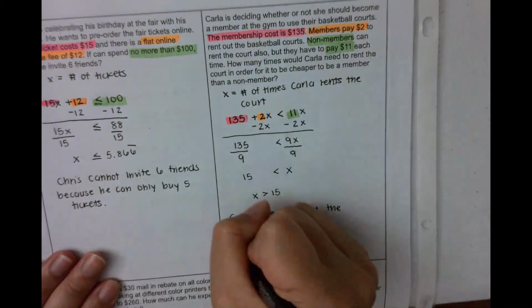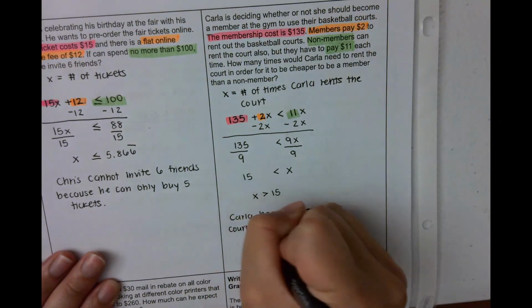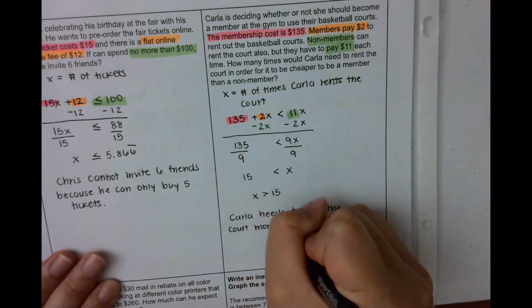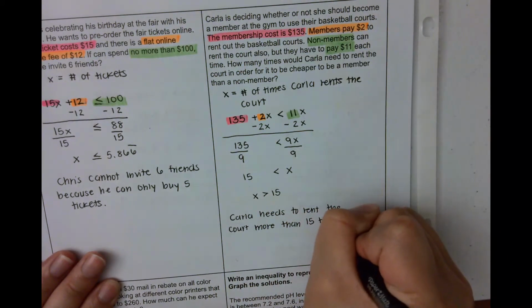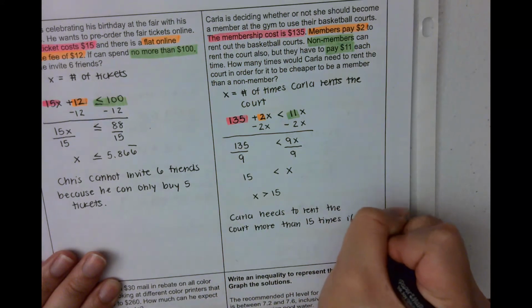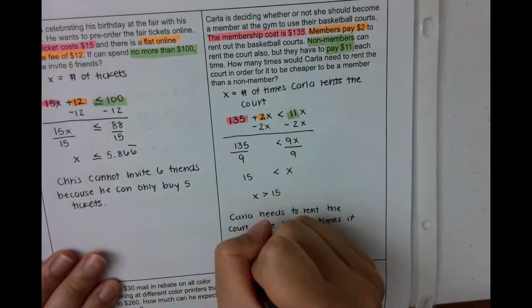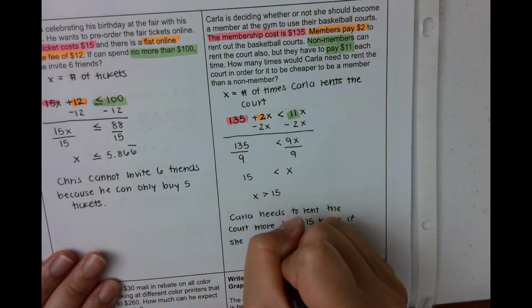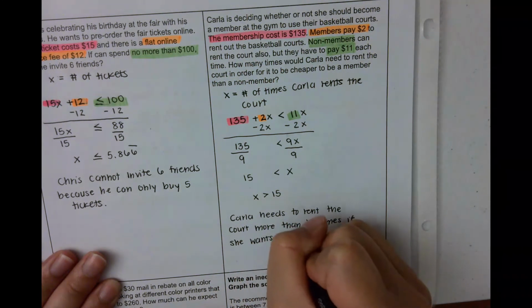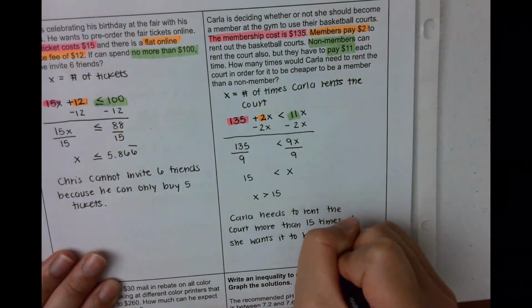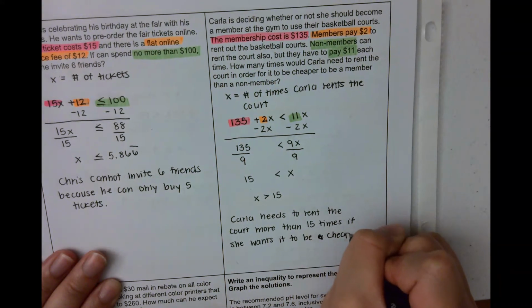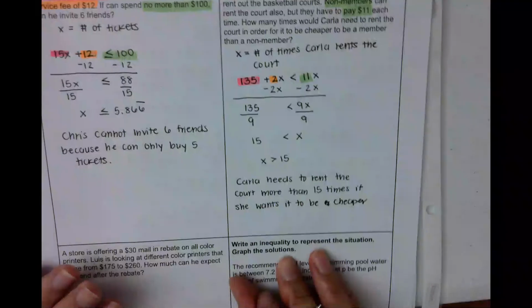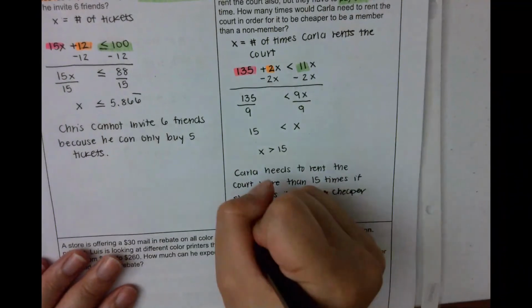So Carla needs to rent the court more than 15 times, if she wants it to be cheaper to be a member.